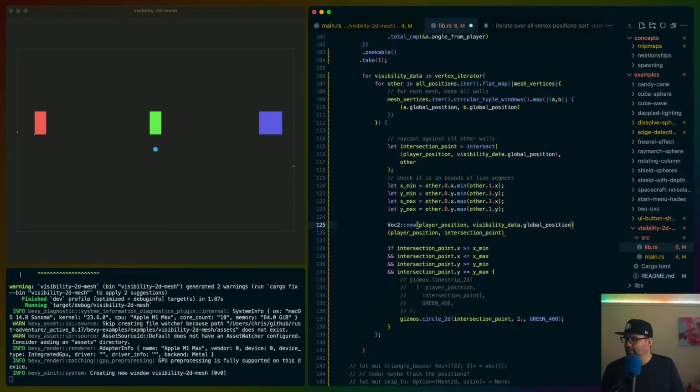What am I doing here? I need to subtract them. So this is going to subtract player position from global position. And this is going to subtract player position from intersection point. And these should give us the directions of both of them.